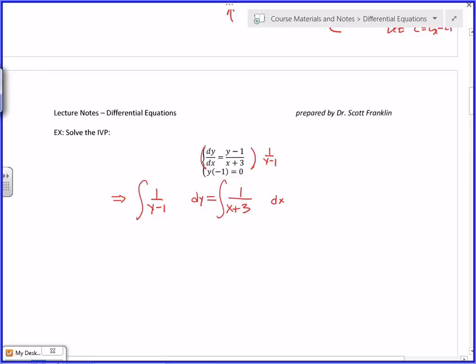Integrate, integrate. What's the integral of 1 over y minus 1? Natural log, absolute value of y minus 1.